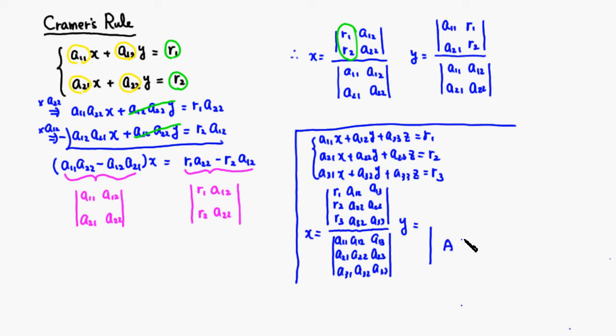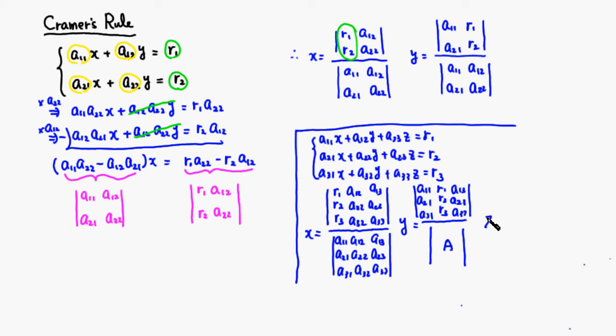And y is going to be the same thing, with the determinant of A on the bottom. But here, you replace the second column by r1, r2, r3. Then the rest stays the same, a11, a21, a31, a13, a23, and a33.